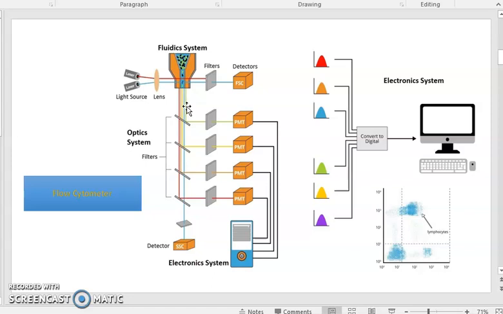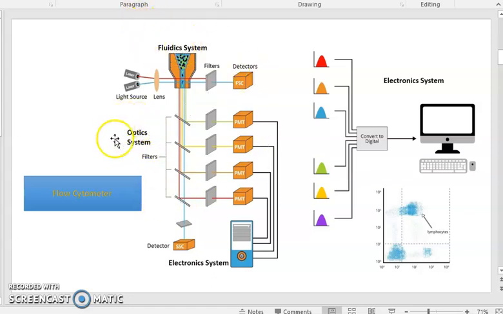Focusing is achieved by injecting the sample suspension into the center of the sheath liquid stream. The flow of the sheath fluid moves the particles and restricts them to the center of the stream. This is all about the fluidic system.